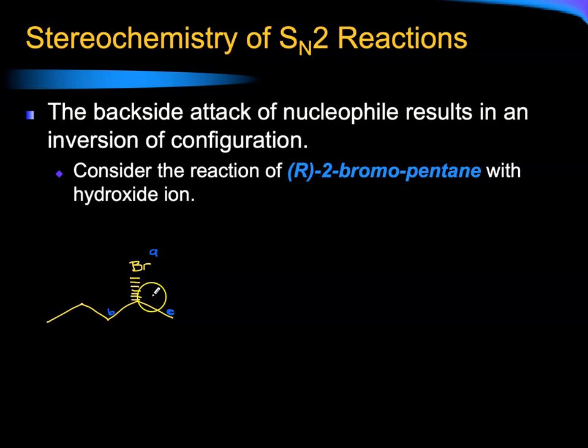Keep in mind that when that happens, it just means that it's the reverse stereochemistry, because when we're trying to assign R and S, we want the lowest priority group going away from us. So if it is coming out toward us, then that must mean that it's the opposite. So this is R-2-bromopentane.